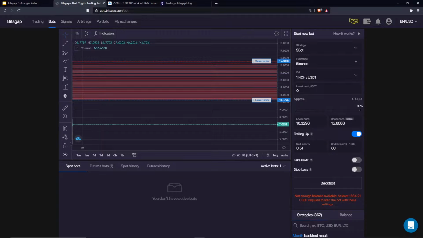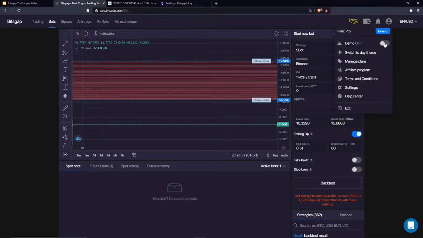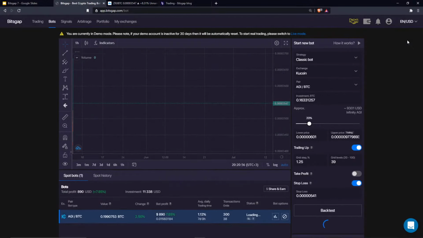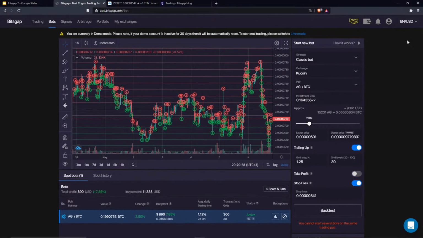So choose the subscription plan that suits you the most. In any case, you have this 14-day trial, and you have this demo mode where you can trade risk-free before you start risking your real money. All features provided. This is the sandbox for you guys to experiment risk-free before you start trading on real money. So that's it for today.